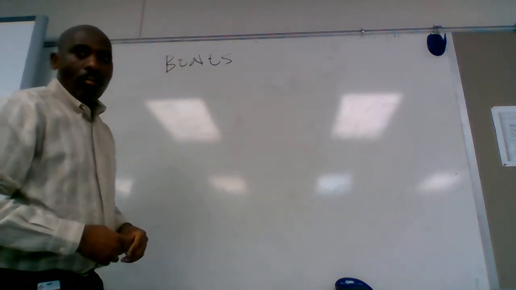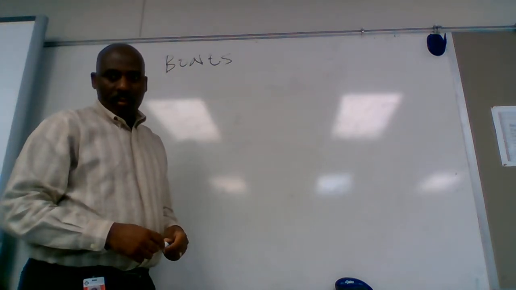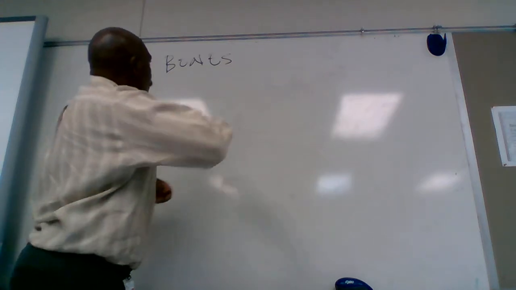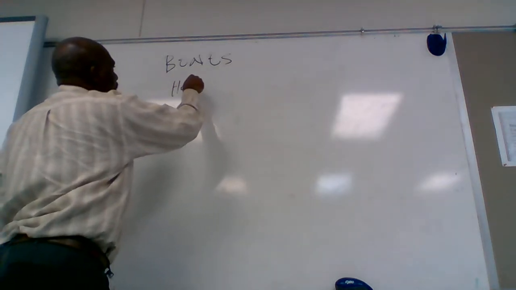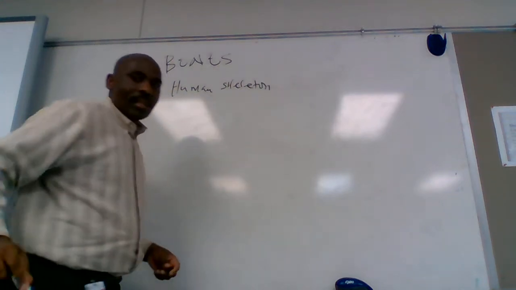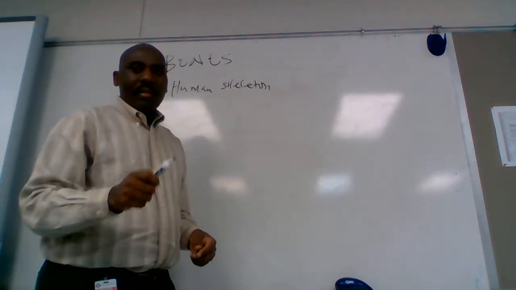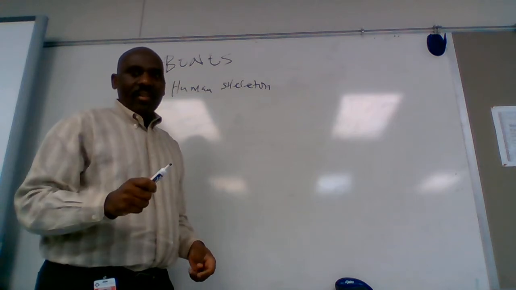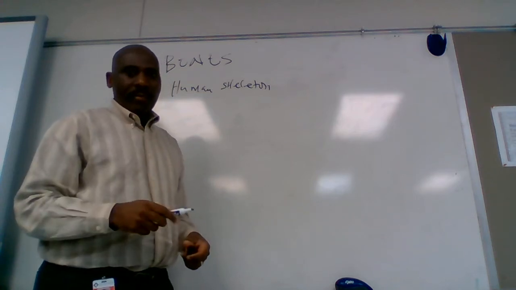We're going to cover bones today. The human skeleton is initially made of cartilages and fibrous membranes.